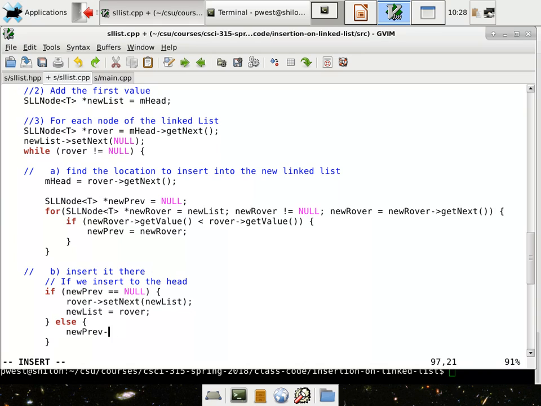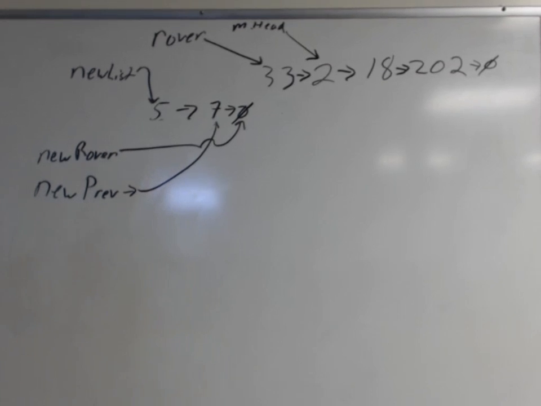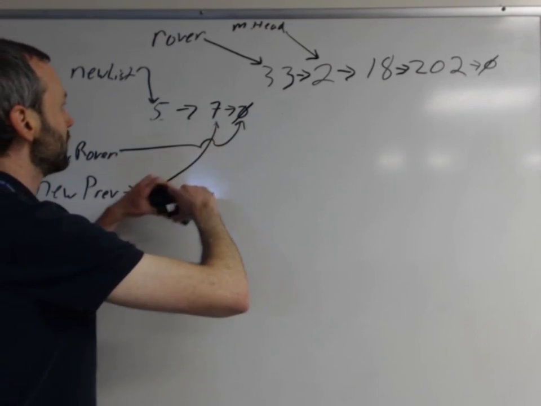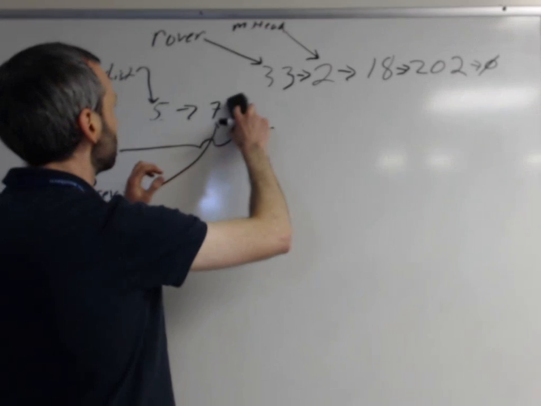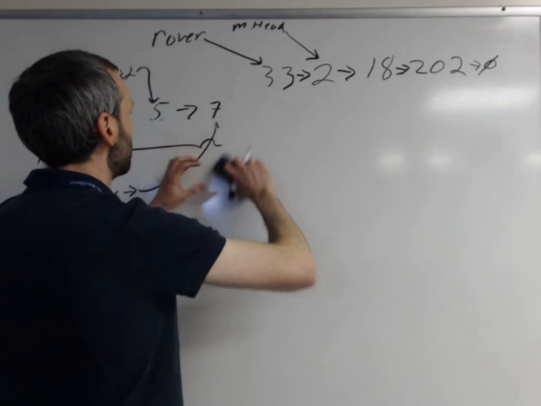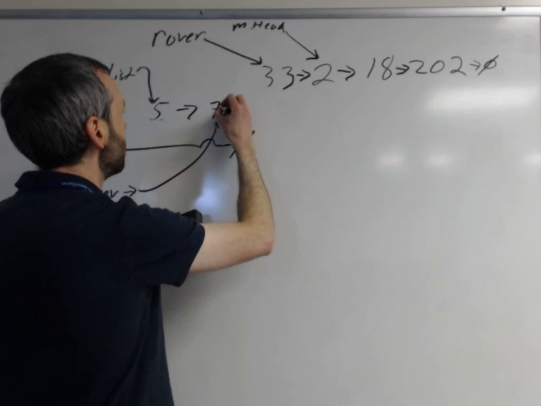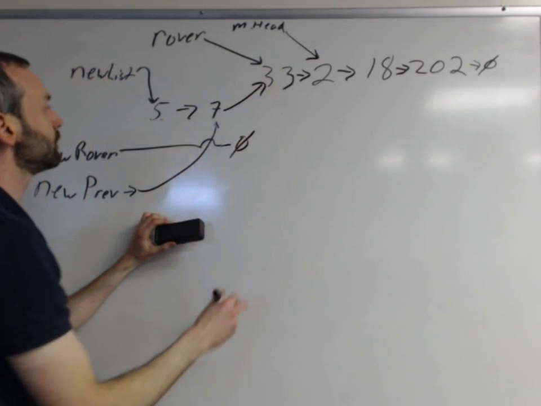So new prev dash set next should be what? Rover. You got it. Because what we want to have happen is we now want to have new prev 7, its next. Now, in actuality, this one's still pointing to null. This one's going to point to 33.